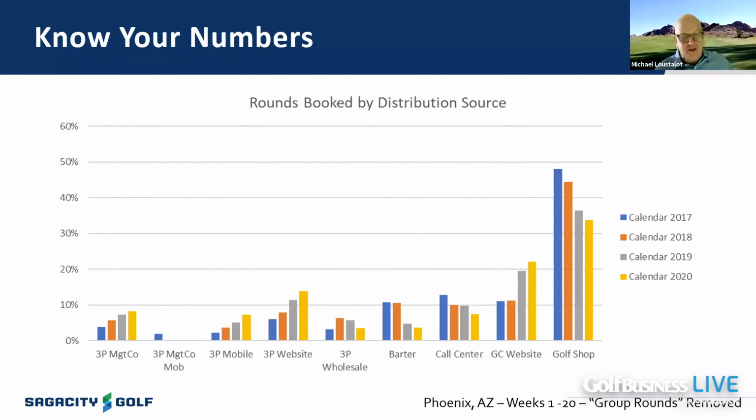If you're on the marketplace and you're providing 1 round a day, that should give you plenty of exposure to drive the rounds of golf that you need to drive to be relevant on that platform. So give them 1 time a day and see how you do. This golf course has grown their green fee revenue, grown their rounds of golf played over the last 4 years, but they're also giving fewer barter times out as a result.